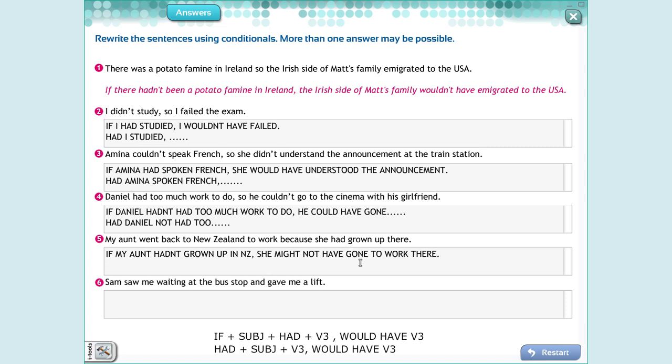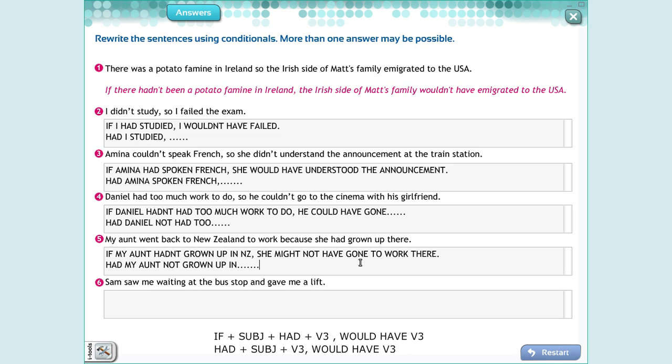Great. If you want to omit if, had my aunt not grown up in New Zealand, she might not have gone to work there.